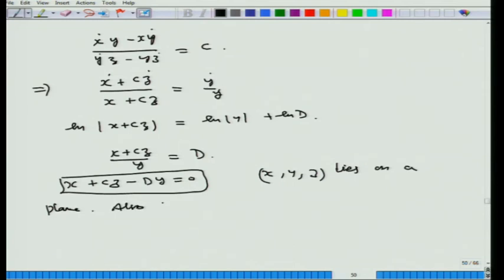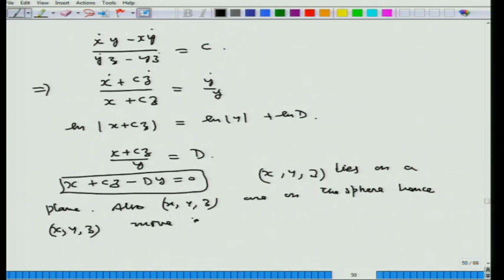Also x y z are on the sphere, hence x y z moves on an arc of a great circle. So, we get the same result, but in a different manner.